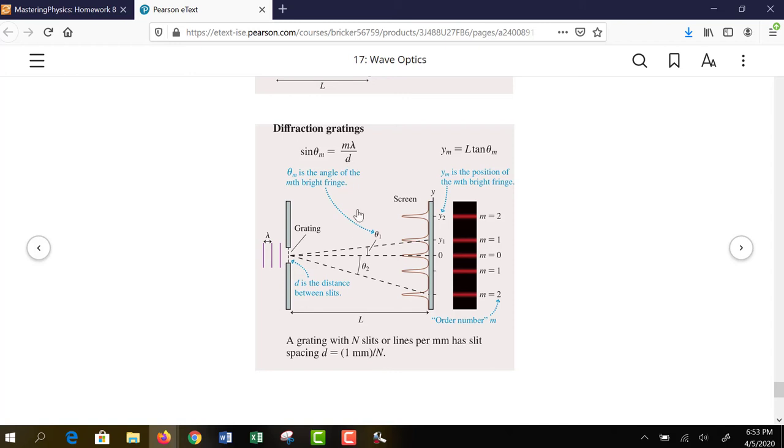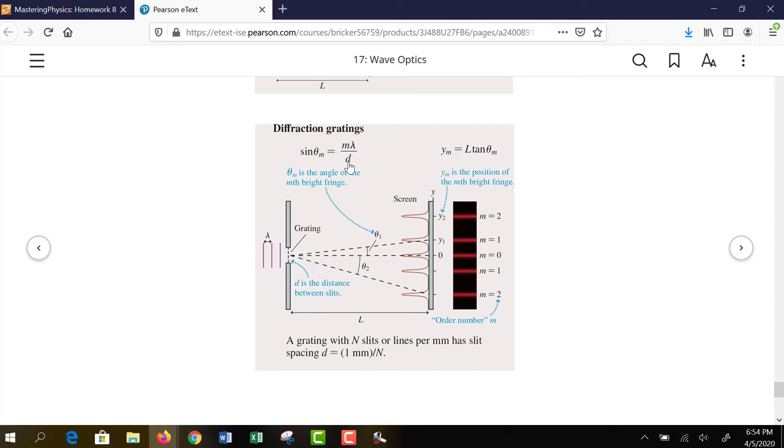Just be careful when you put the units in here. And then we also know, just from the trigonometry of the whole thing, we can figure out these different spots, like y sub m is L times the tangent of theta. Probably the way you think of this is tangent of theta is y divided by L. So these variables are similar to a double slit. The only difference is this is the spacing, the size per slit, instead of just the spacing in between any two slits like a double slit experiment.